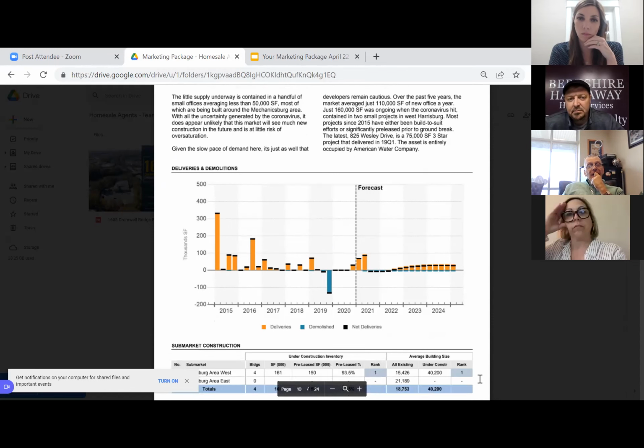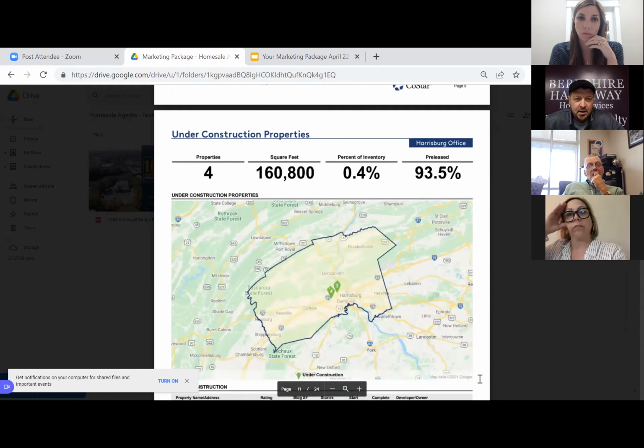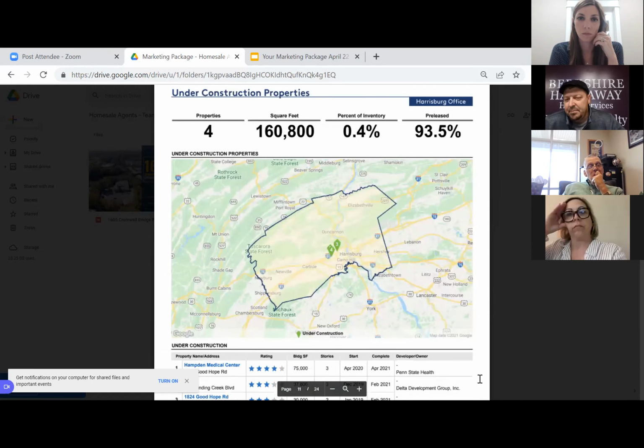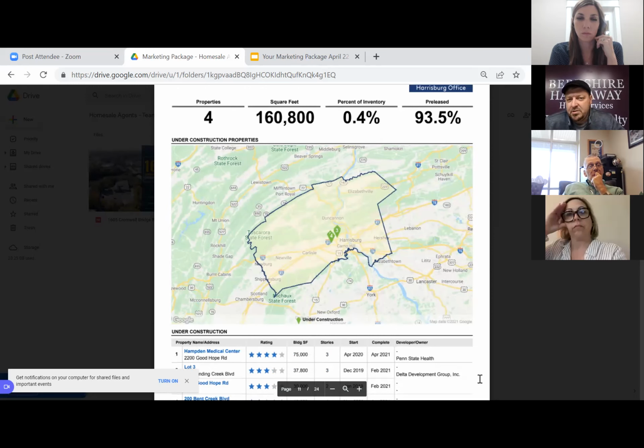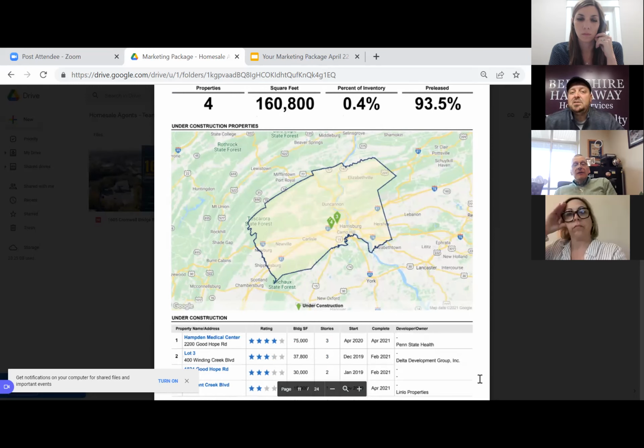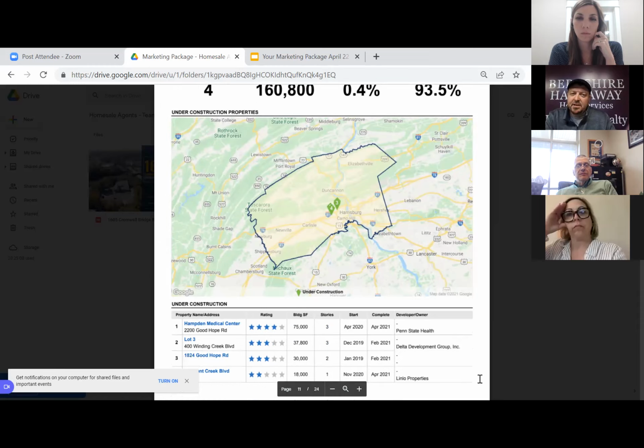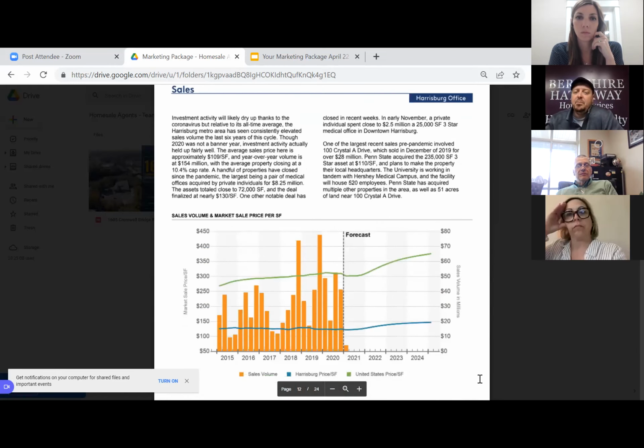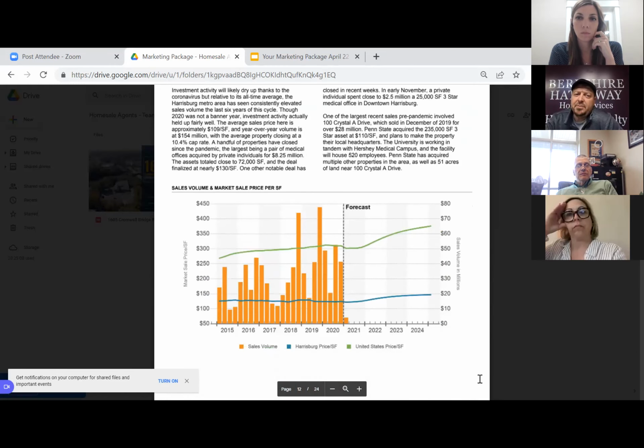So under construction properties, here's where the map kind of goes into play, where it looks like there's 4 major properties that are under construction consisting of 160,000 square feet. They're 93% pre-leased. It's pretty significant. And then it's got the addresses down there, what their rating is, what the building square footage is. Again, this is all information that you're going to want to find and put together for your property information package.